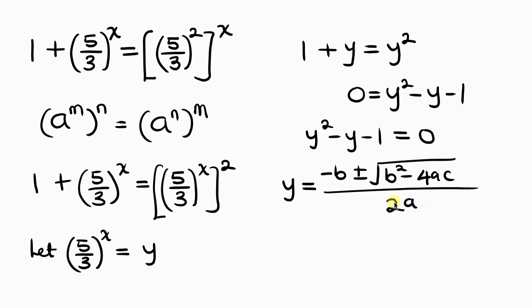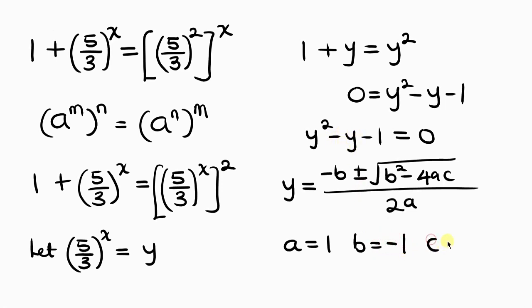Now, what is our a, what is our b, and what is our c? Our a is the coefficient of y squared, and that's 1. Our b is the coefficient of y, and that's negative 1.